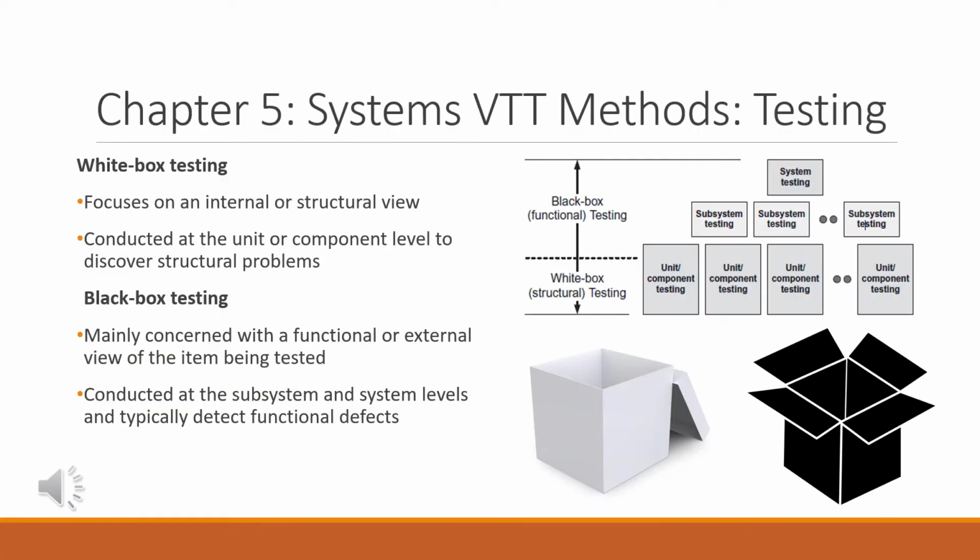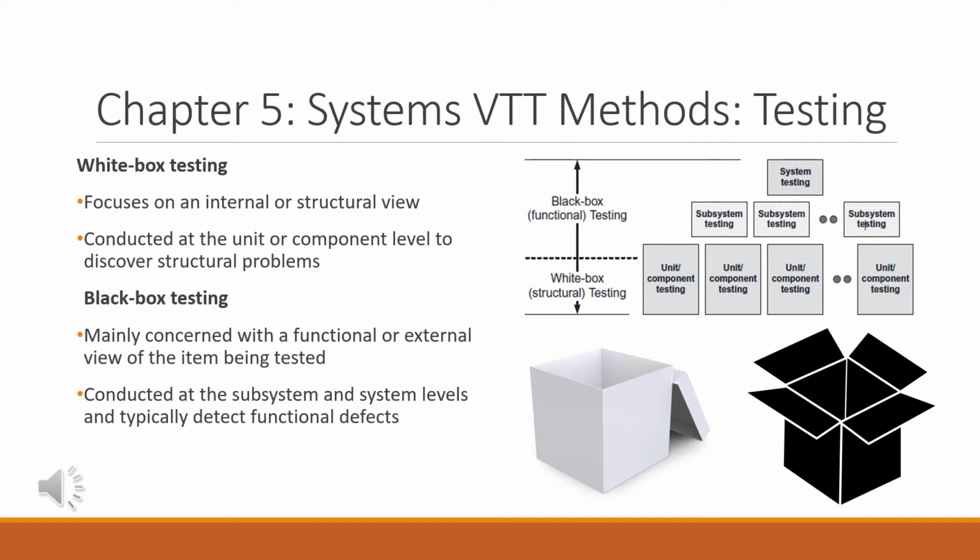As mentioned before, testing is generally divided in two types, white box testing and black box testing. These terms describe the point of view a test engineer takes when designing the test process. White box testing is undertaken with an internal or a structural view, whereas black box testing is concerned with a functional or external view of the item being tested.